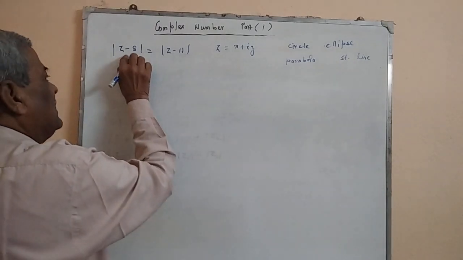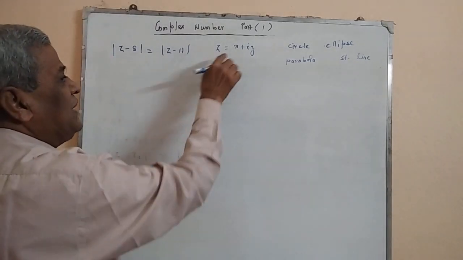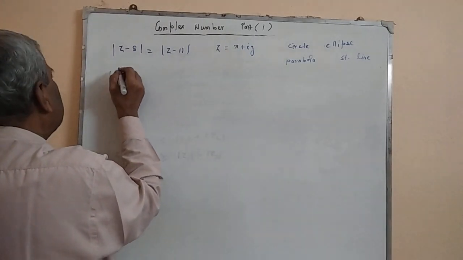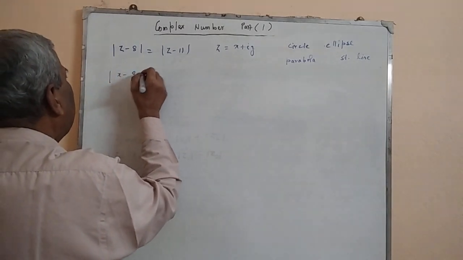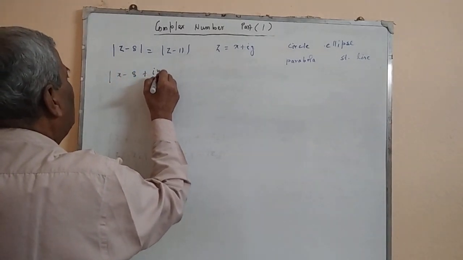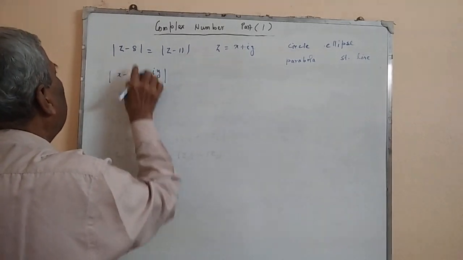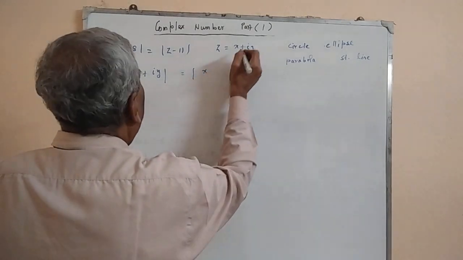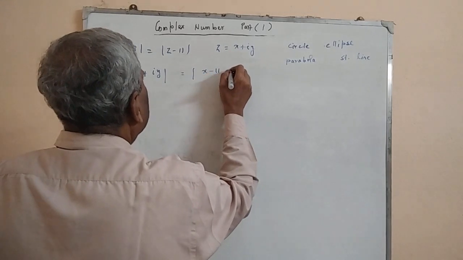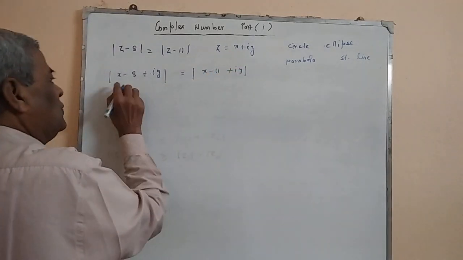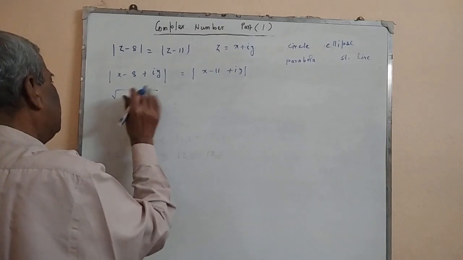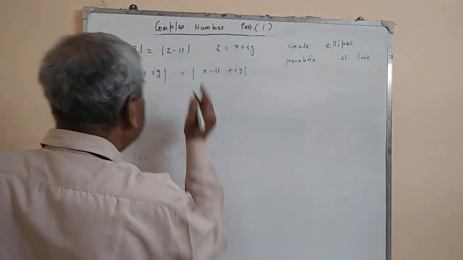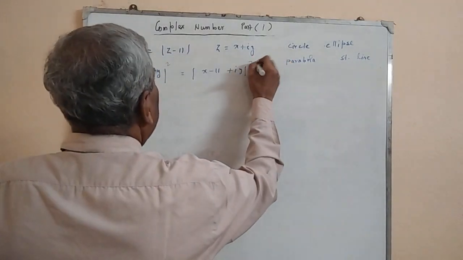For that purpose, let us put the value of z from there. Mod of z minus 8, z is x plus iy, so it is mod of x minus 8 plus iy, is equal to mod of x minus 11 plus iy. Taking the root and squaring, mod z whole square is equal to this whole square.